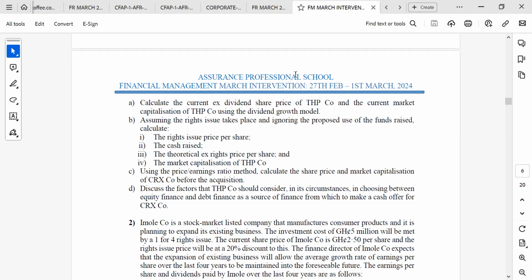Okay, so what are the factors? I can also see this question as asking me the advantages and the disadvantages of debt and equity finance, because before you can choose between debt or equity, you will be looking at the benefit that each of them will give you.